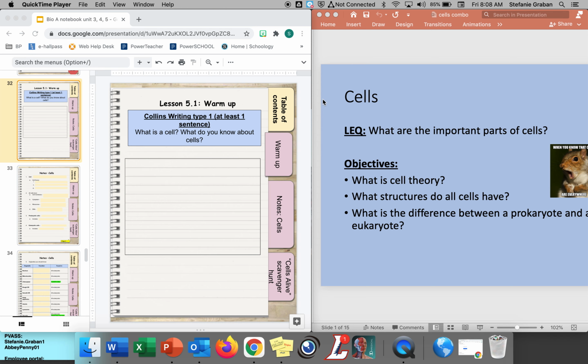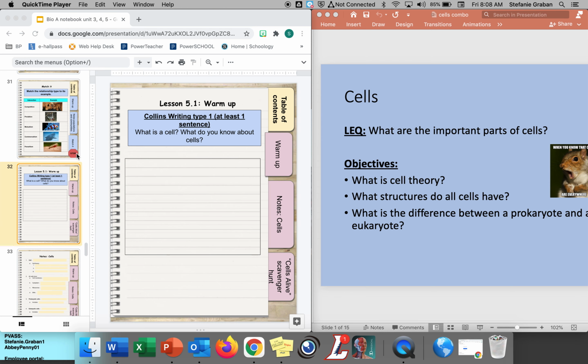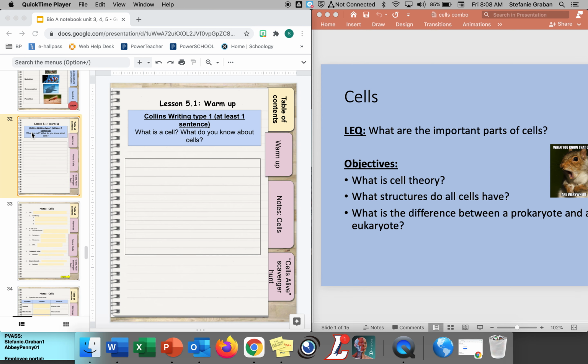Okay? So we are starting on slide number 32, which looks like this. It's about cells. It was right after that one we did with the matching pictures. You're going to tell me in this Collins writing, what is a cell and what do you know about cells?